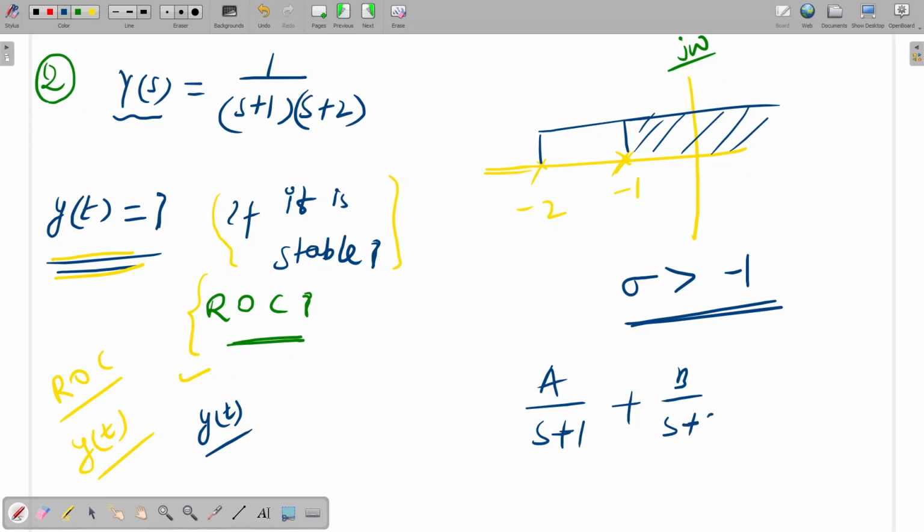So it is 1 by s plus 1 minus 1 by s plus 2. Check: s plus 2 minus s plus 1 gives 1. So y of t is e to the power minus t u of t minus e to the power minus 2t u of t. Is it clear?